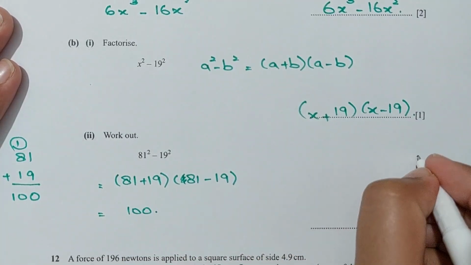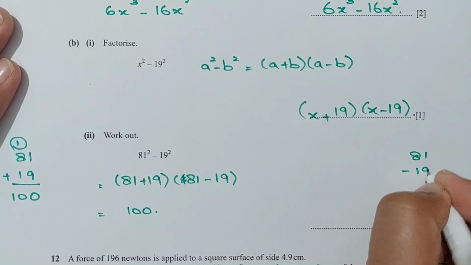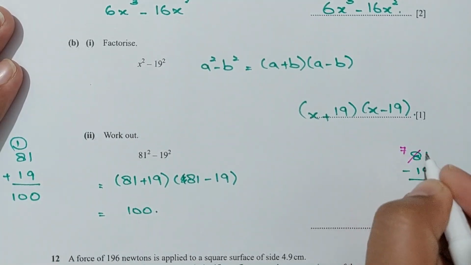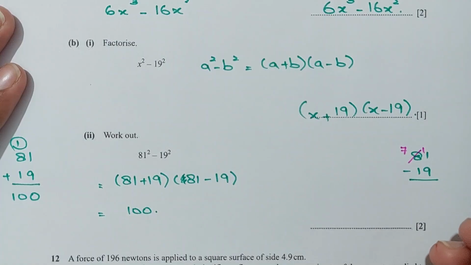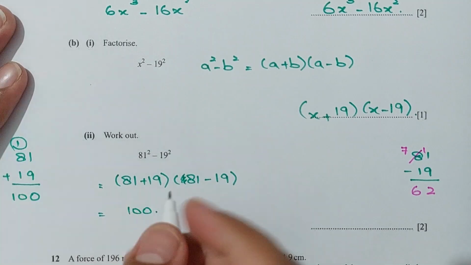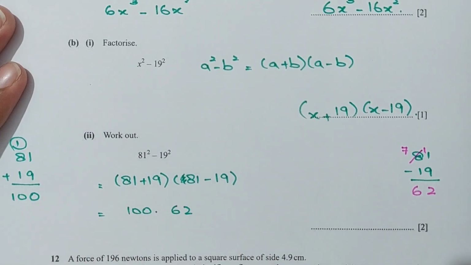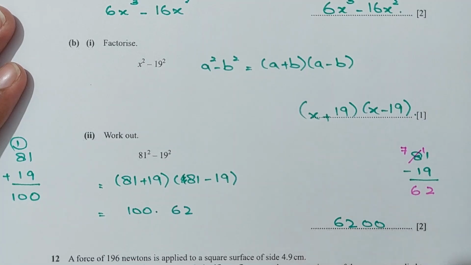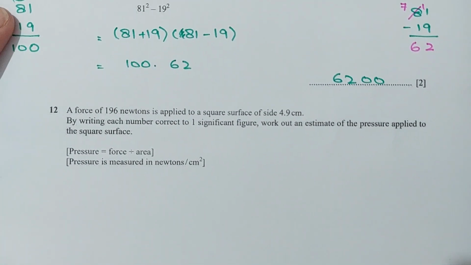And from 81 if we subtract 19, 7 is left from 11 minus 9, which is 2, and 7 take away 1 is 6. So this is 62. 100 times 62 is 6200.